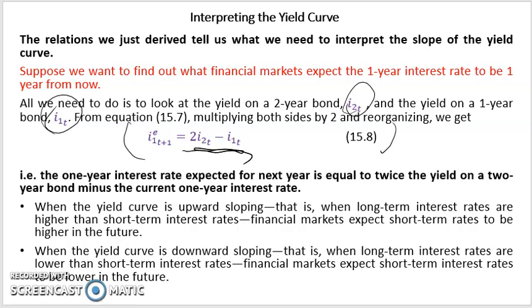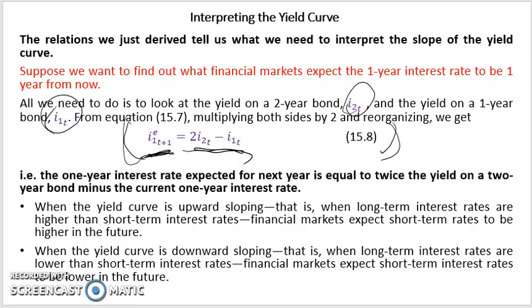So this is an equation that shows us how to work out the expected interest rate next year. Given this equation, you can calculate both long-term and short-term interest rates.